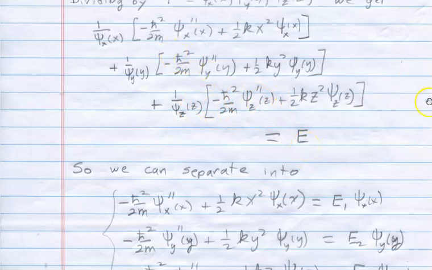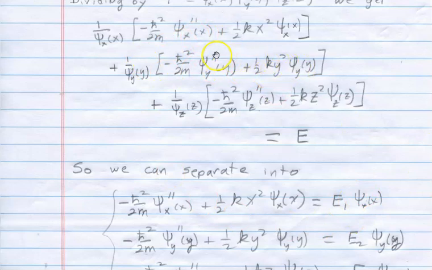And now I do the same trick as before, separation of variables. What it boils down to is, if a function of x only plus a function of y only plus a function of z only can add up to a constant, the only way that can happen is if this first term here is equal to some constant. I called it E1, and that gives me this first equation.